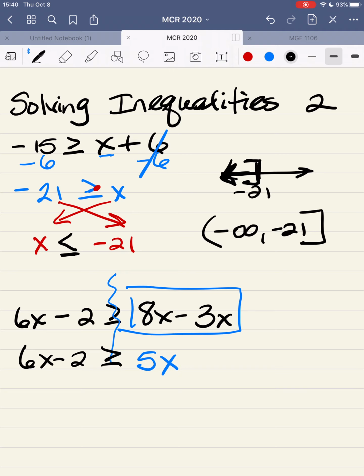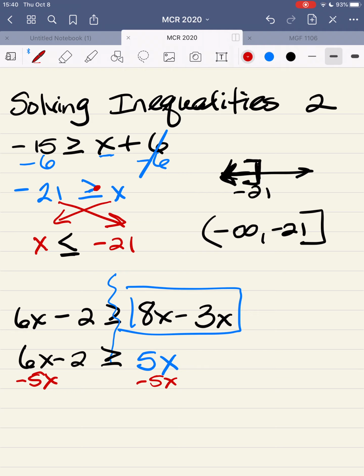Now my goal is to always get, for inequalities, my x on the left. It just makes my life easier when I'm graphing and doing interval notation. So I need to go ahead and subtract 5x from both sides. And some of you are going to think, oh wow, this looks really weird.